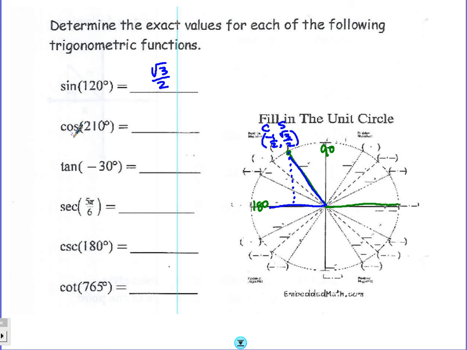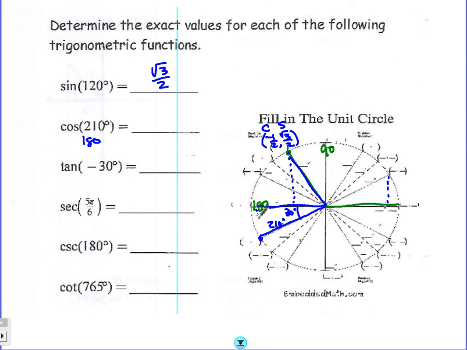All right, now I'm asked for cosine of 210. Let's see. From 180, I need 30 more. So we're 30 past 180. So here's 180, here's 210. 210 degrees. Okay, so what's my reference angle? It looks like 30 degrees. So same as this 30 degrees, root 3 over 2 is the long side, 1/2 is the short side, but here I'm going back and down.